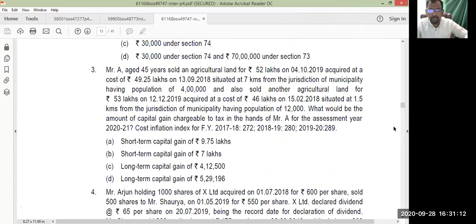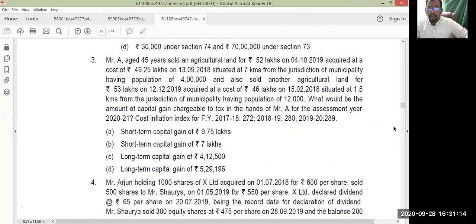Okay, next one. And also sold another agricultural land for 53 lakhs on 12 December 2019, acquired at a cost of rupees 46 lakhs on 5th February 2018. Situated at 1.5 kilometers from the jurisdiction of municipality, having a population of 12,000.